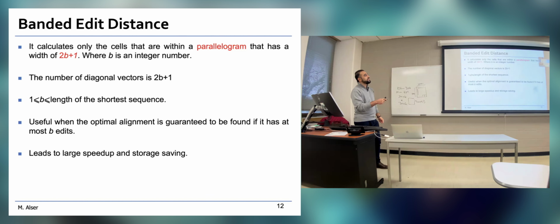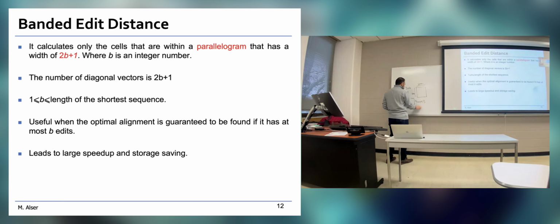So you can pick the integer number you like, and that will be the width of the parallelogram. We are going to draw really a parallelogram over here. And that's the only thing we are going to calculate, plus some margin over here and here. But at the end, it will be this shape, okay?